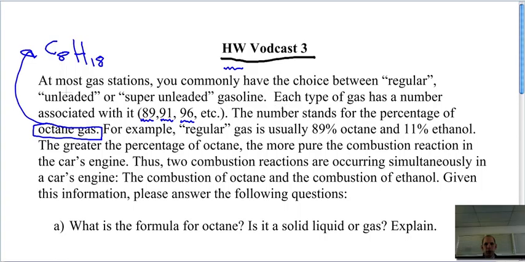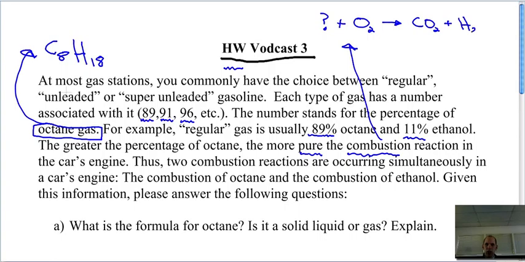For example, regular gas is usually 89% octane and 11% ethanol. That's the leftover percentage. The greater the percentage of octane, the more pure the combustion reaction in the car's engine. Okay, so we know if it's a combustion reaction, we're going to have something plus oxygen, and that's going to produce carbon dioxide and water.